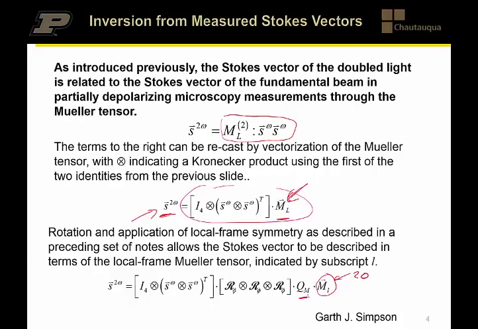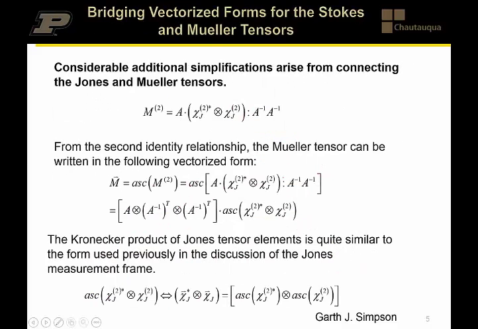We can populate the full set of 64 with the symmetry matrix, rotate that into the laboratory frame, and then consider what happens as we apply different polarization states and measure the second harmonic coming out in the polarization state of the doubled light. And if we make enough of these measurements, we can invert this whole mess and solve for the local frame Mueller tensor. That's really the way that we're going to be handling this. That's one way to simplify things without needing to assume anything with respect to the purely polarized case or any model for the depolarization.